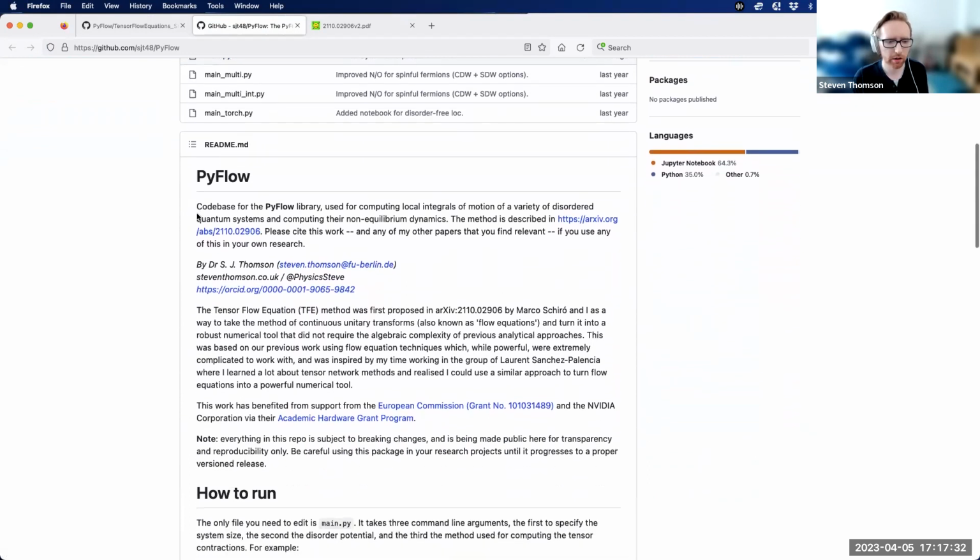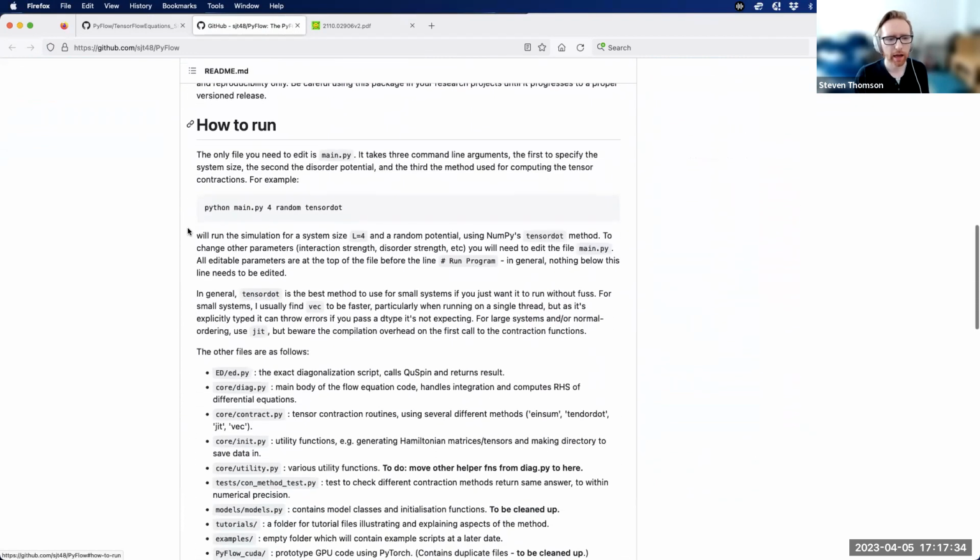It's set up right now for interacting fermionic systems, and you can call it in a relatively simple way. You call main.py, tell it the system size, the type of potential you want to use, here it's random, and what contraction routine to use. There's a bunch of different options: einsum, tensor.vec, and I think I added Python recently, which is quite a fast one.